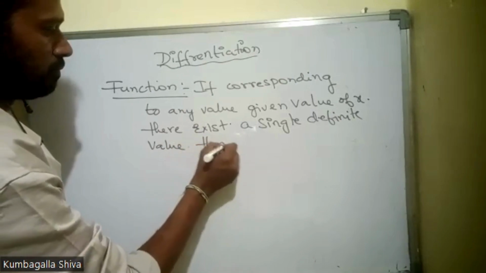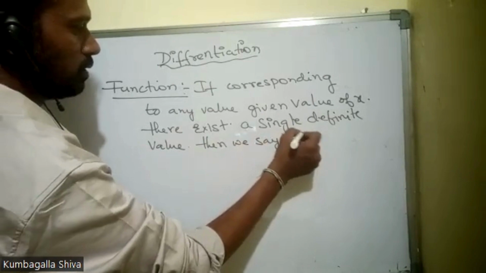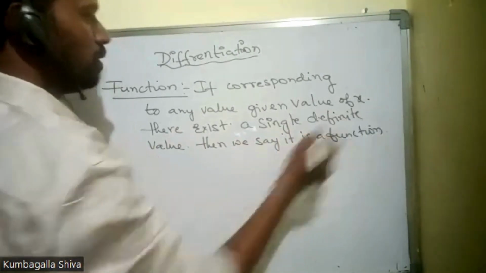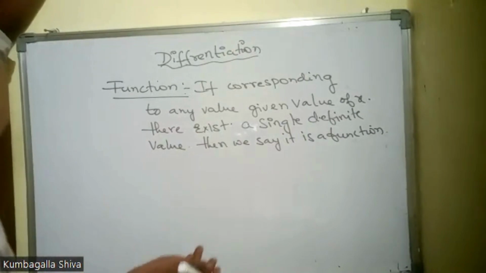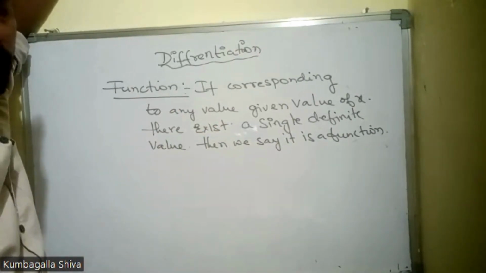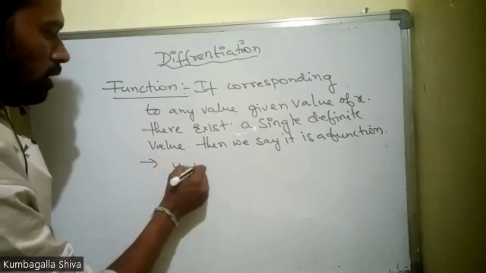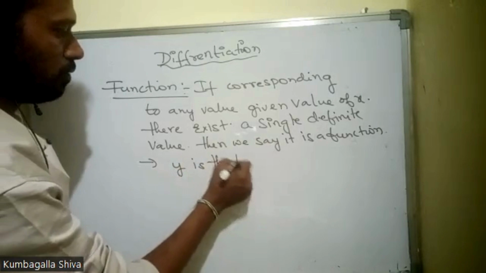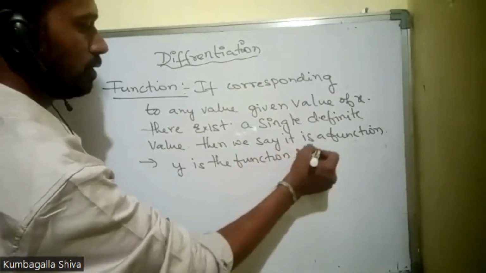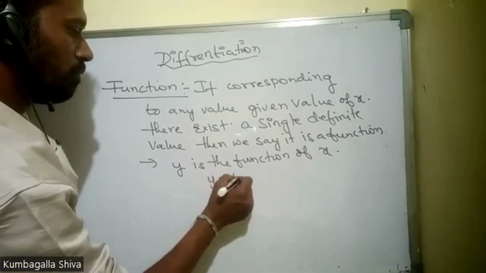Then we say it is a function. Whatever you take x, you get some y value, then we call it a function. Now, how to read? y is the function of x, which means y is equal to f of x.